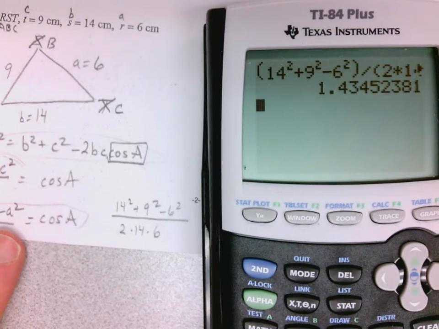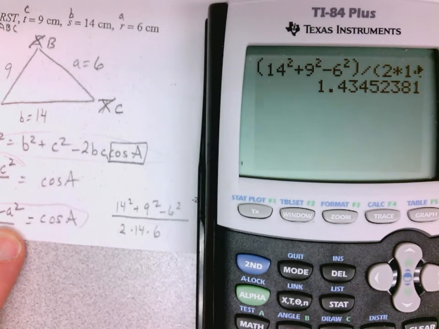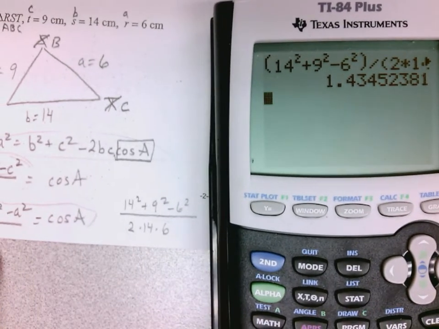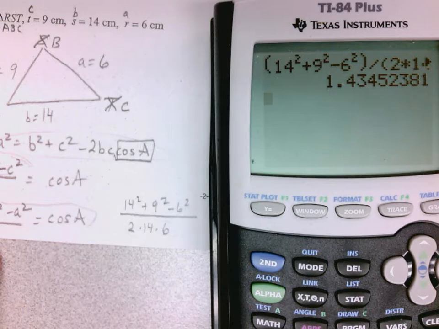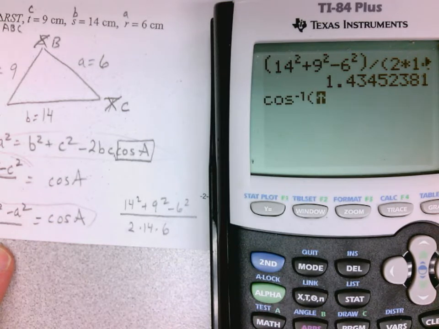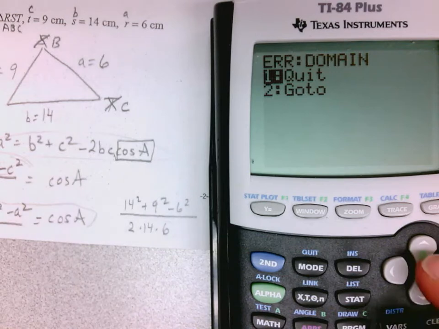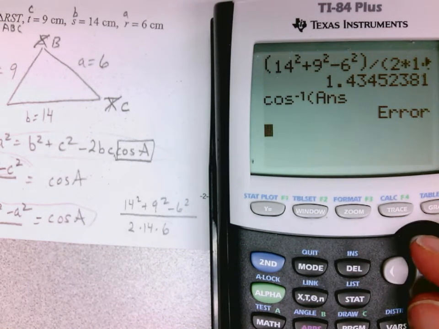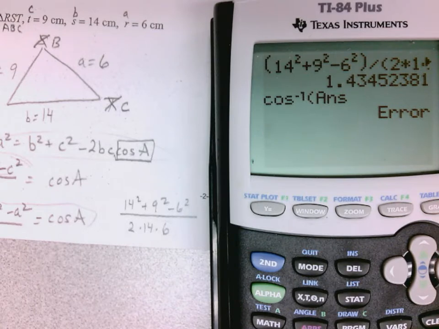Okay, so I got 1.43. And what I know is that there's no way I can do the cosine inverse of 1.43. I'll try it. I'll go second cosine of my answer, and you get a domain error. So something was entered wrong. Let's go back and check it.